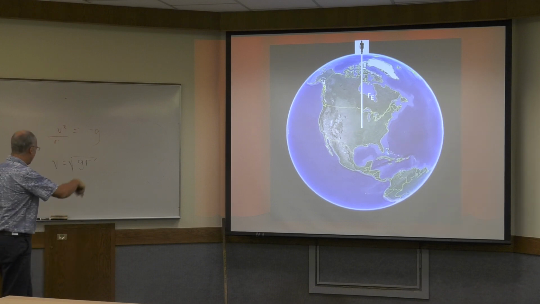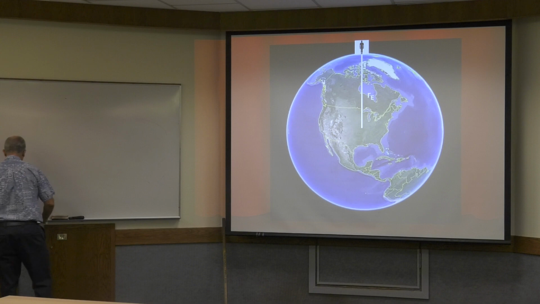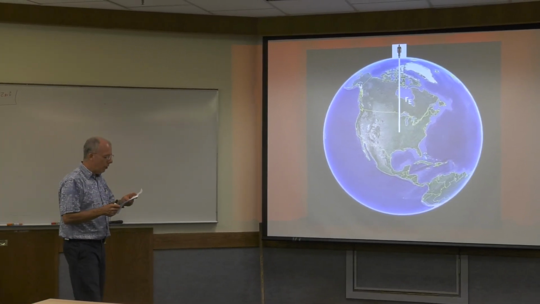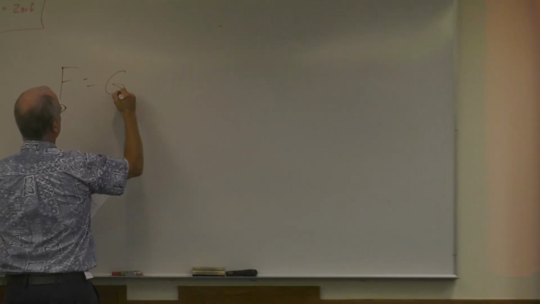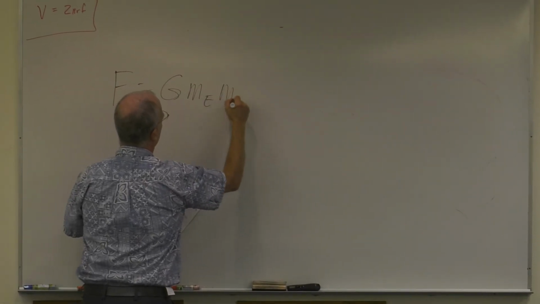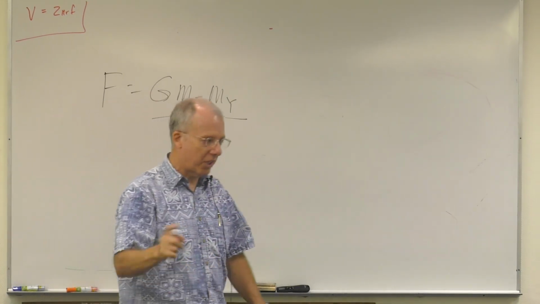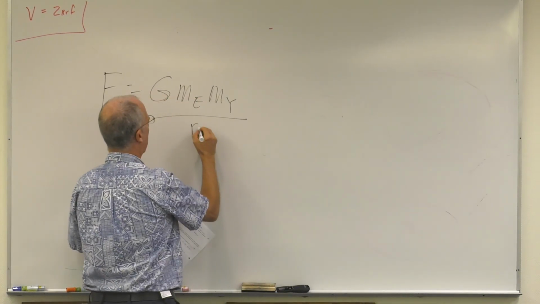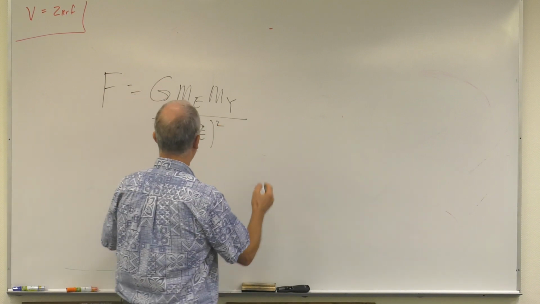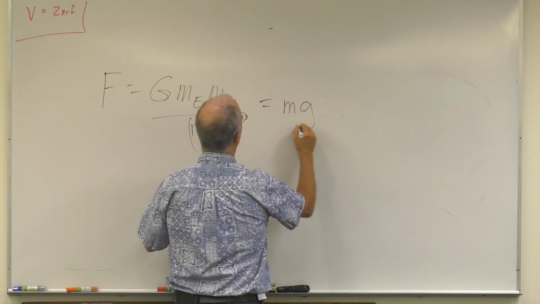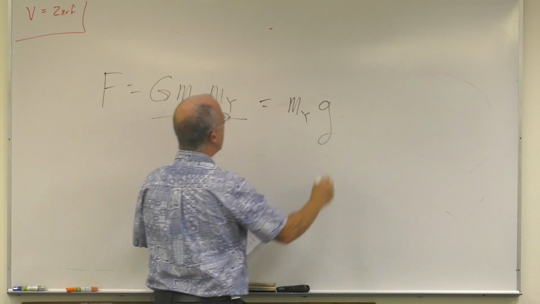We already did this in chapter 5. What's the force of gravity between you and the Earth? Well, G, M Earth, M you, and what's the distance between the center of the Earth and the center of you? It's basically the radius of the Earth, squared. And this is equal to your weight, so m you times g.